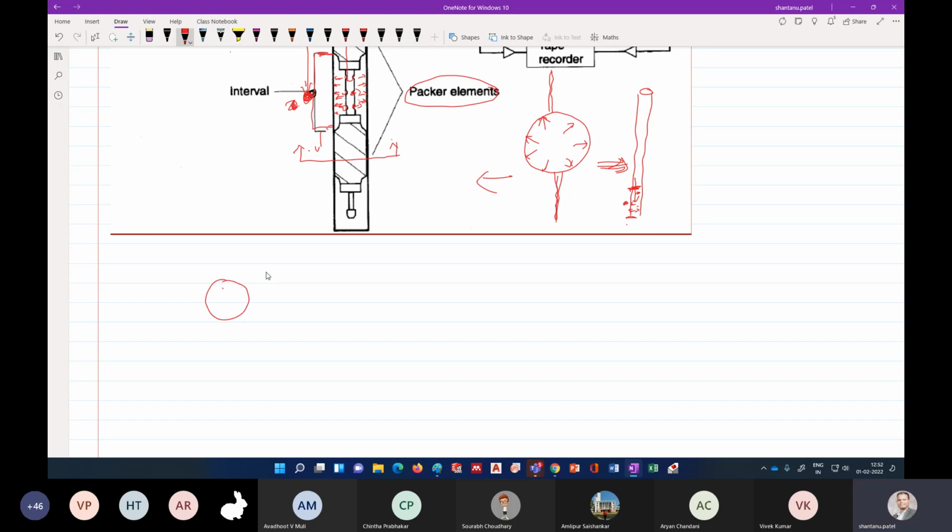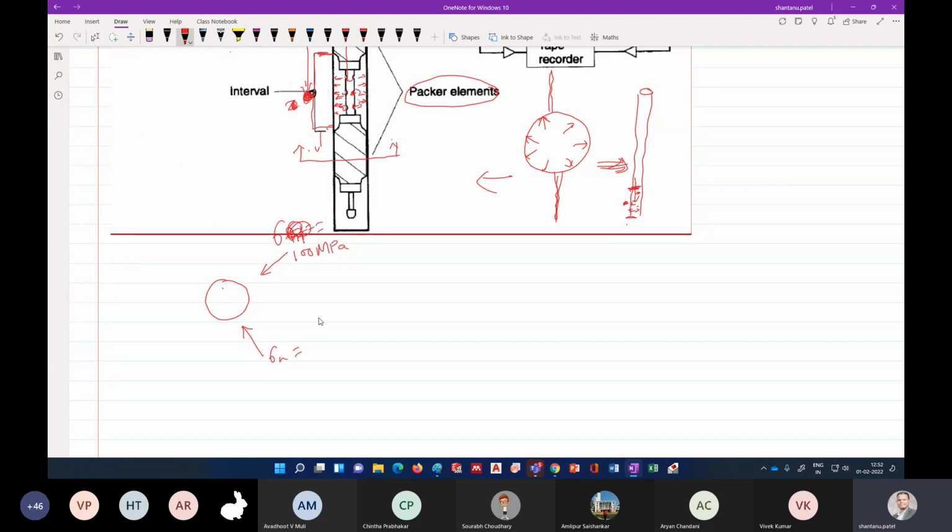Let's assume the in situ stress here is 100 MPa, and this is the smaller value of the horizontal stress. This is your sigma capital H, sigma small h, or maybe this is the major principal stress.